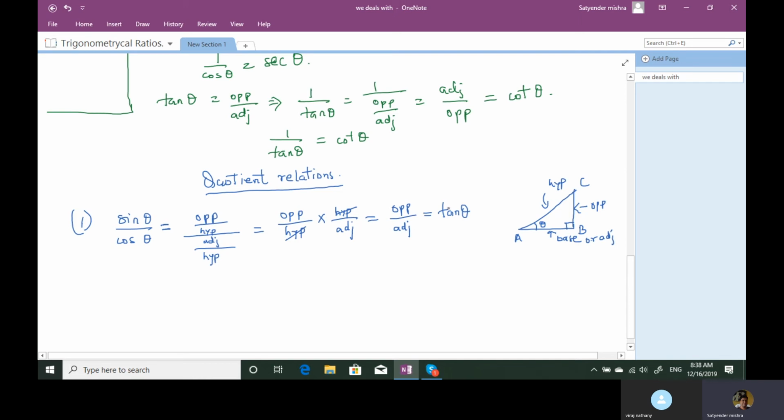So sin theta divided by cos theta is equal to tan theta. So this is one relationship.